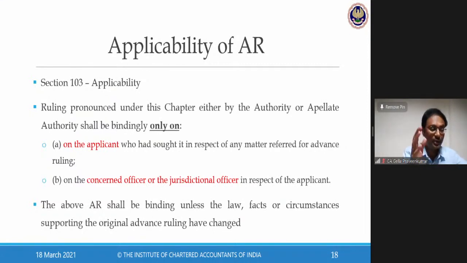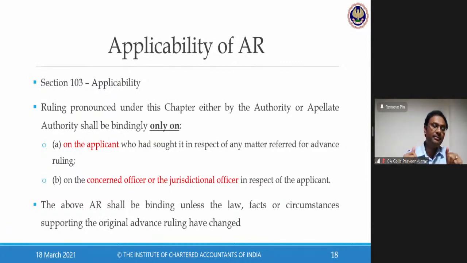Similarly, for you as a student, as a future chartered accountant, one important aspect. You have read section 73, you have read section 74 with me. When a show cause notice is being issued, none of the officers have a right to quote that this particular matter has been settled in so-and-so advance ruling, and relying on that judgment you are supposed to reverse ITC.